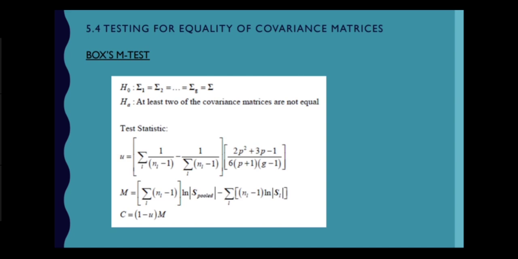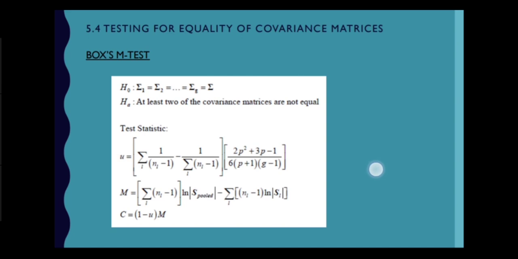Okay, then since we have the value of U and M, just apply the formula C, which is 1 minus U multiply M. That is the test statistic for Box's M test. Okay, so what is the decision rule?